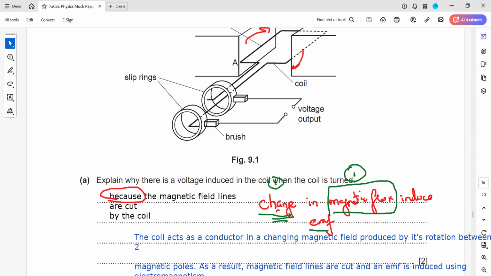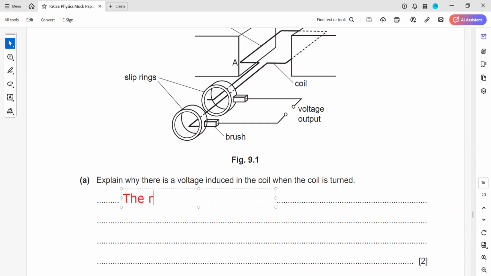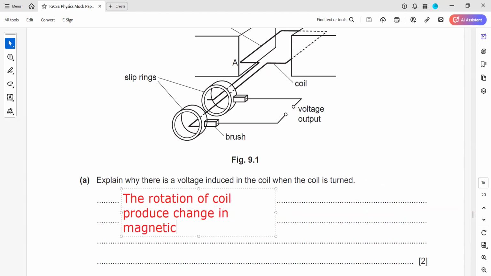So for the mark distribution, if I write the structured answer for this, because the space is given, you will mention: the rotation of the coil produces a change in magnetic field. You can use this term, or you can say magnetic flux, or you can also say cuts the magnetic field.